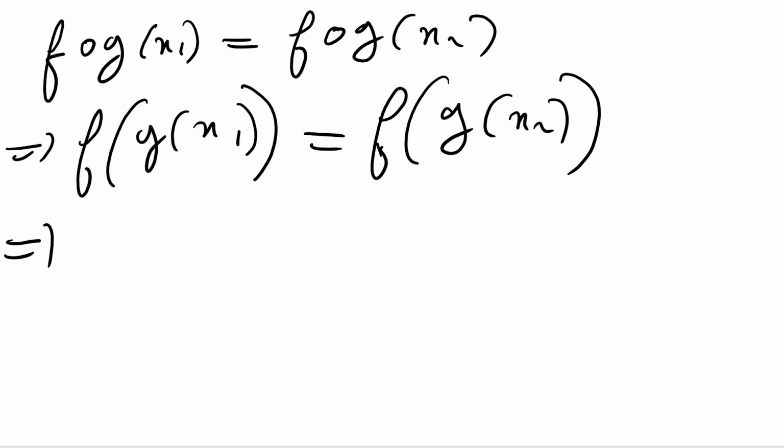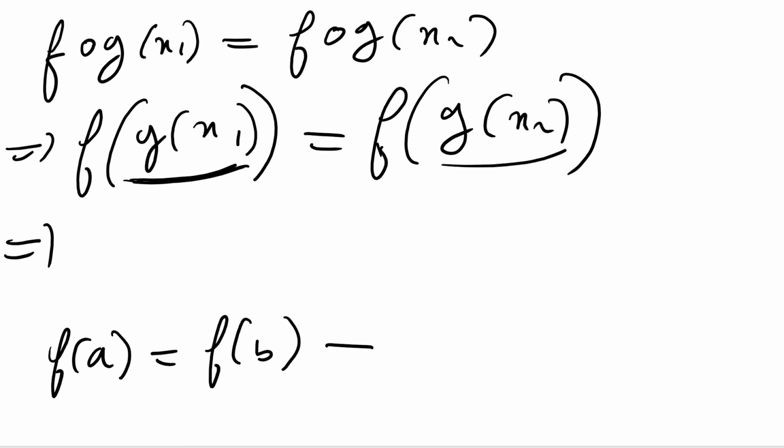We said that f was one-to-one, right? Since we are assuming that f and g are one-to-one: if f is one-to-one, that means f of a equal to f of b implies a equal to b.